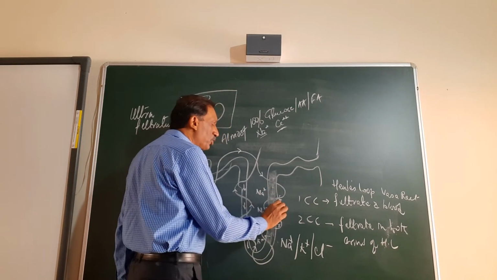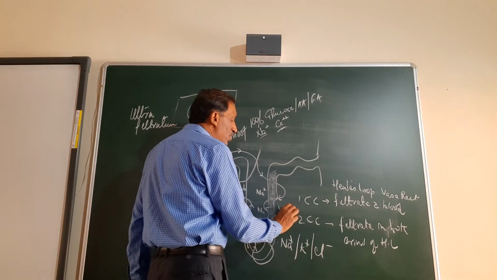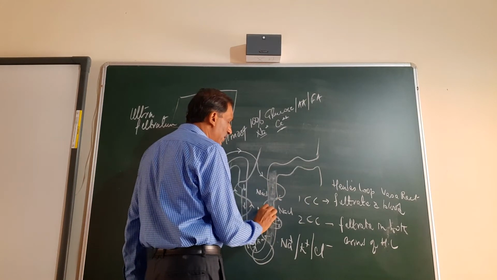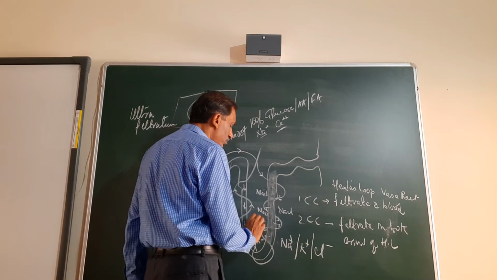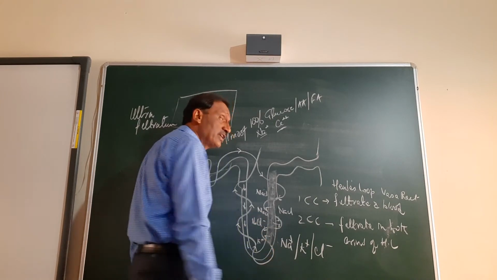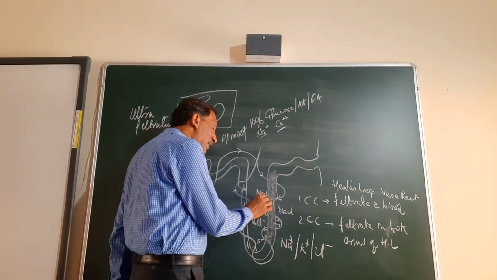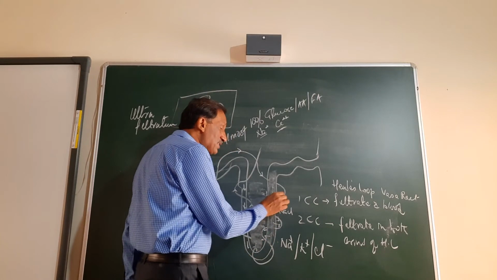Potassium is very little because potassium is not required in the body in the same amount. So I can even write NaCl. Suppose I write NaCl, though it is not NaCl, it is clearly sodium and potassium ions. So sodium and potassium ions are increased in the surrounding region as well as in the blood.